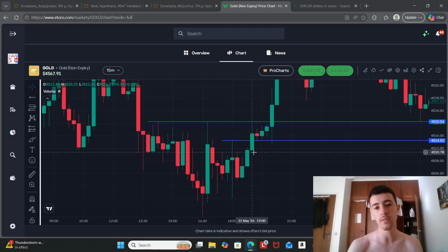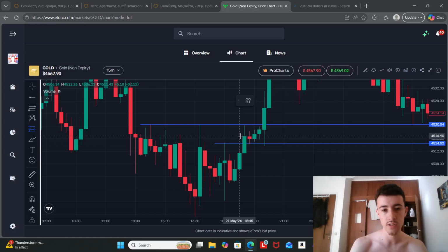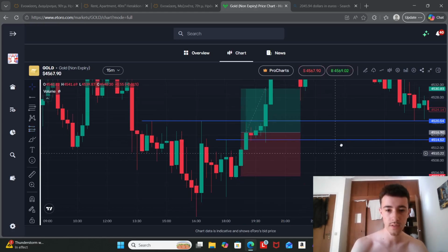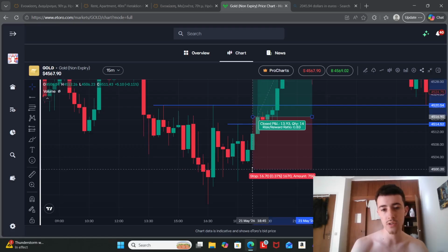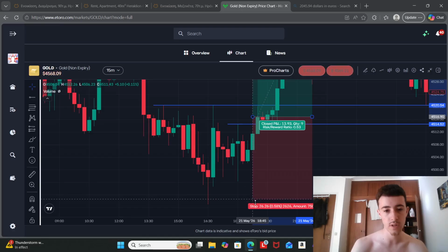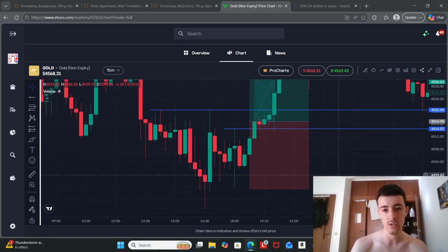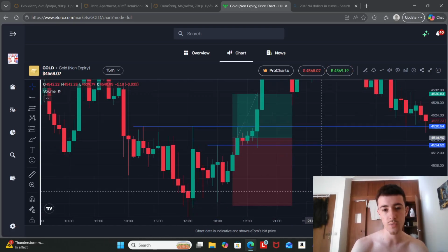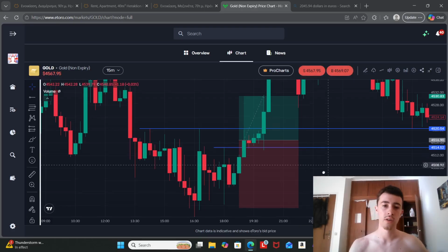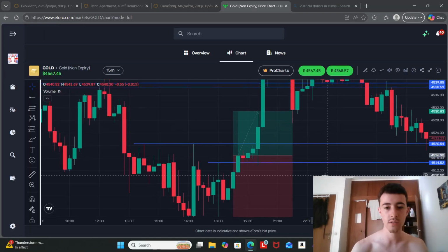So if you wanted to just enter off a breakup structure, say you wanted to enter here after the candle closes, then here is not great risk to reward unless you're using really small position size because you have to go low. So it's not the best. So you wouldn't want to just enter a breakup structure, in my opinion, depending on whereabouts it is.